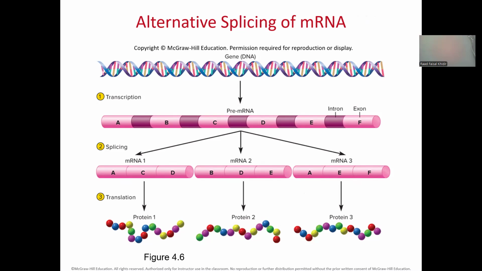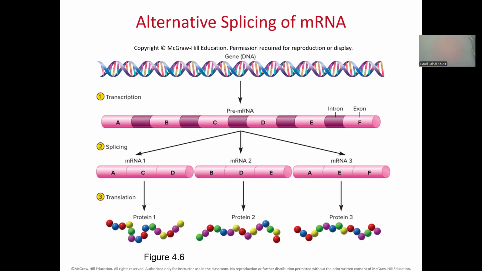We don't want the introns. That's why the introns stay in the nucleus. They're not going to go to the ribosome to be translated. Are we clear? That's why we call them introns, because they stay in the nucleus.